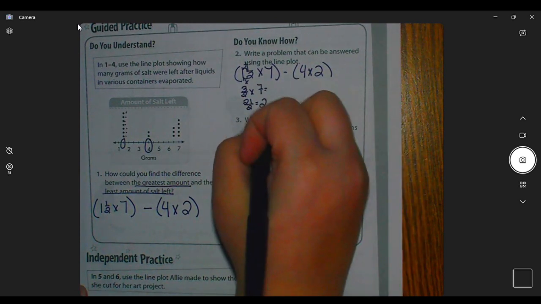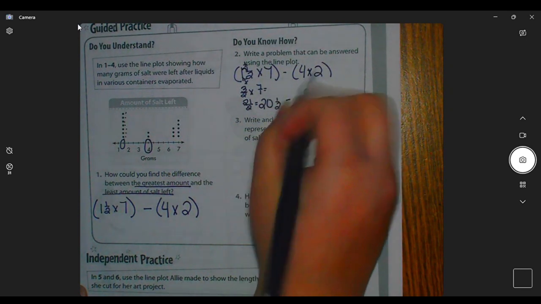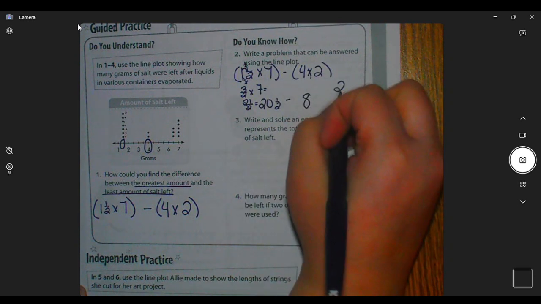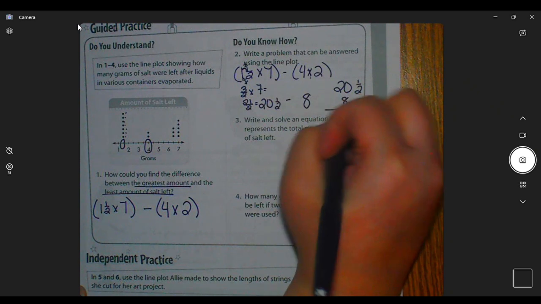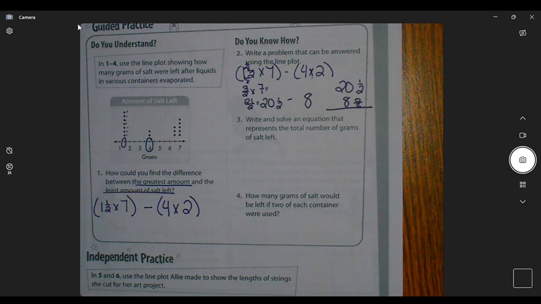So 20/2 minus 4 times 2 is 8. And I can technically say 0/2 because it just helps my brain see there's no fractional piece there. 0 is just a really good placeholder to show there is nothing there, right?